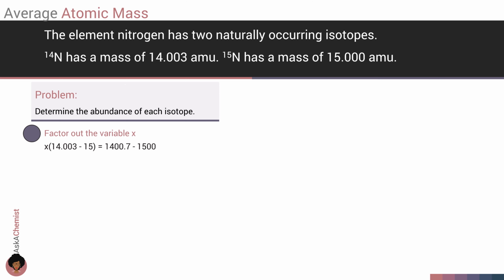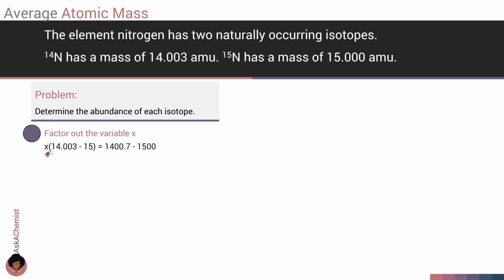So once we factored out the variable x, we can simplify it still even further by isolating x and having the x to be on the left side of the equal sign by itself.